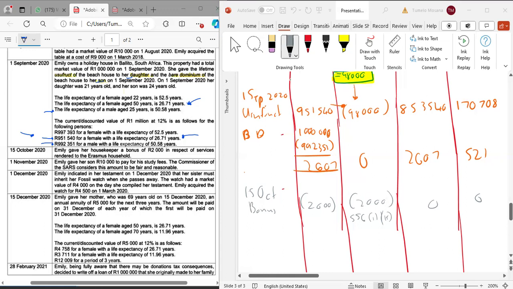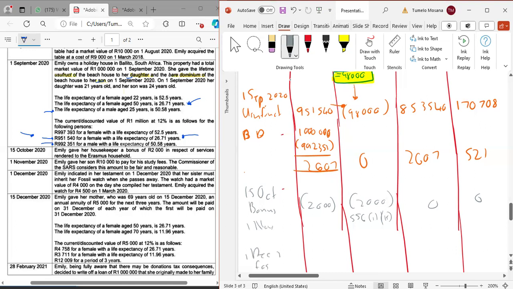Emily indicated in a testament on 1 December 2020 that her sister must inherit a fossil watch when she passes away. The watch had a market value of 4,000 Rand on the day she compiled the testament. Emily acquired the watch for 4,500 on 1 March 2020.